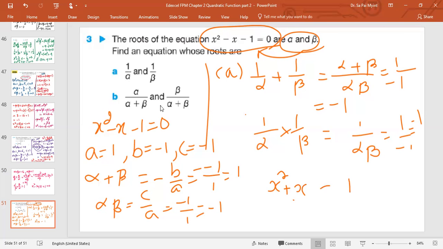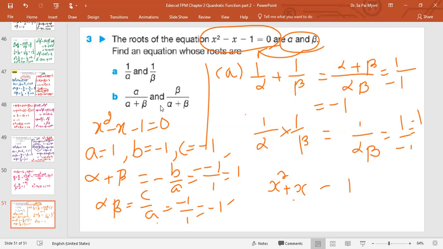Alpha plus beta is 1: minus b by a, b is minus 1, minus minus 1 is plus 1. Okay, this is 1. And then alpha beta, c by a, c is minus 1, a is 1, so minus 1. Okay. And then what do you get? 1 by minus 1.